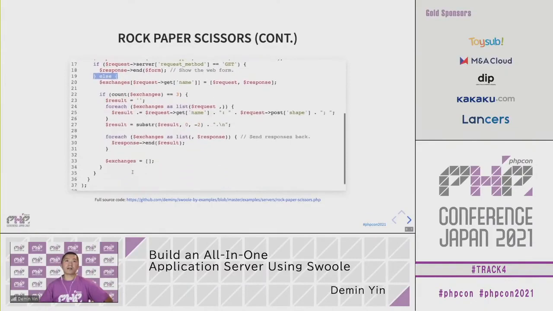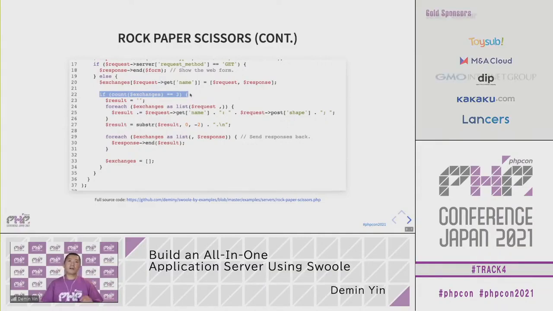So let's take a look at it. In this else section, the first thing we do is to store the submission information into the array. Then there is an if statement to check if the server has received all three choices or not.